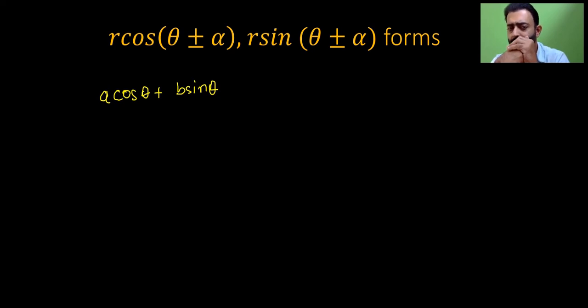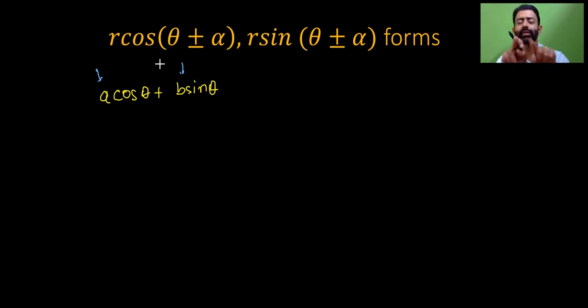The basic motive here is to eliminate sin theta and cos theta and apply a method so that we have a final expression in either sin or cos, and obviously with some magnitude. In the first one we have a magnitude of a, here we have a magnitude of b, so what will be the resultant magnitude?